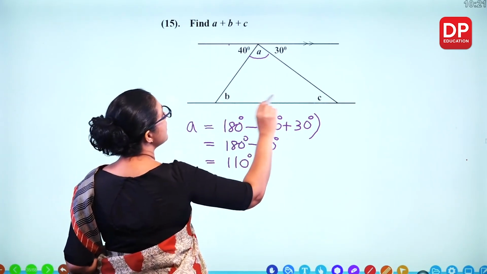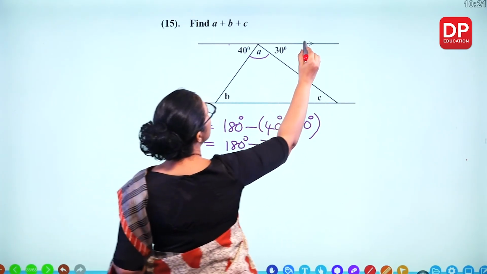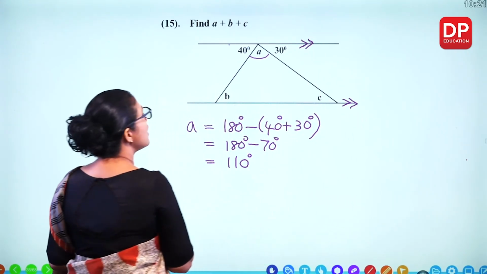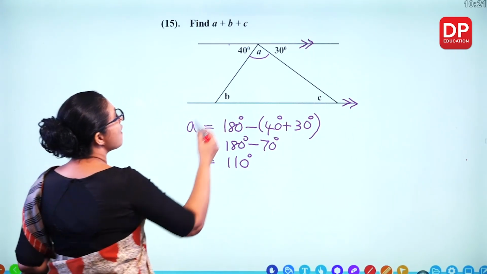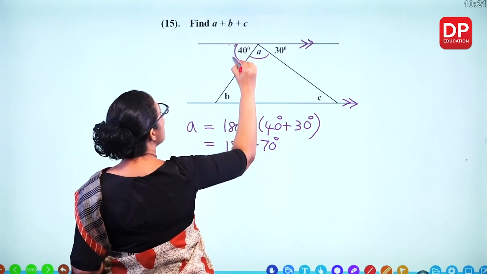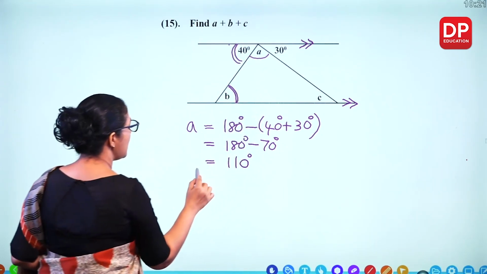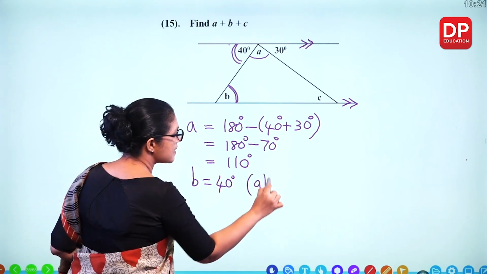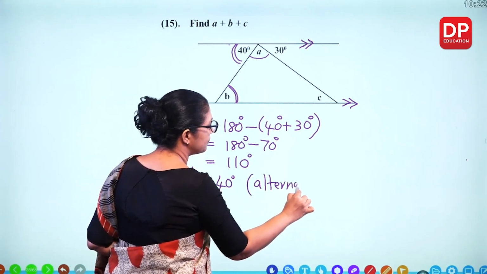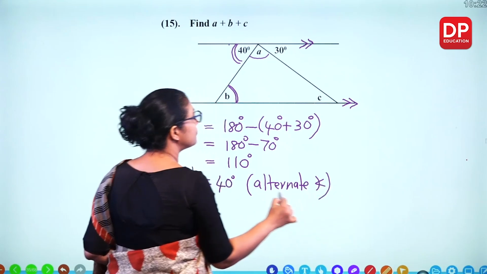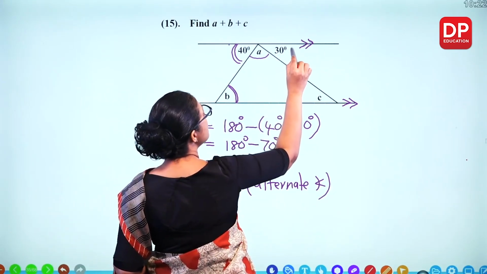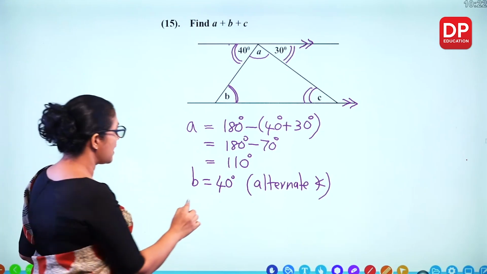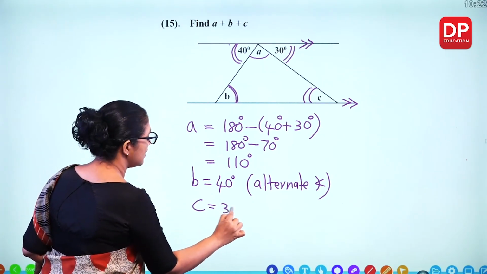These two are parallel lines. Here, this is mentioned parallel. This is also we need to take as parallel. If this is 40, this is 40. So B is 40 because of alternate angles. 30 and C both are equal because of alternate angles. So C equals 30.